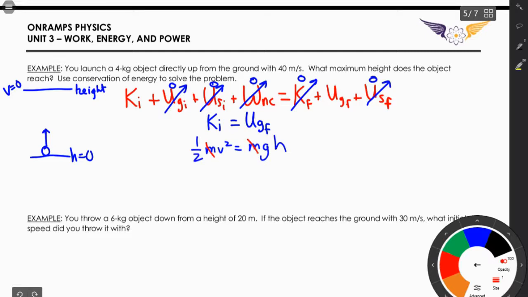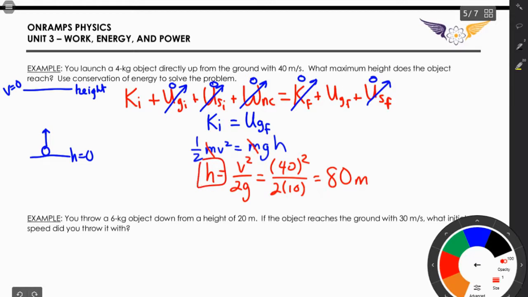Again, masses will cancel, and so all we're going to do is divide this by g. So h equals v squared over 2g. And so it's going to be 40 squared over 2 times 10. Again, we'll just use 10 for simplicity, which means it's going to reach a height of 80 meters.